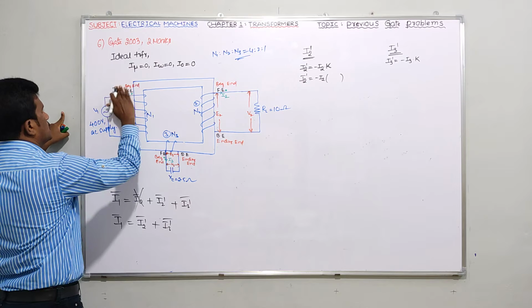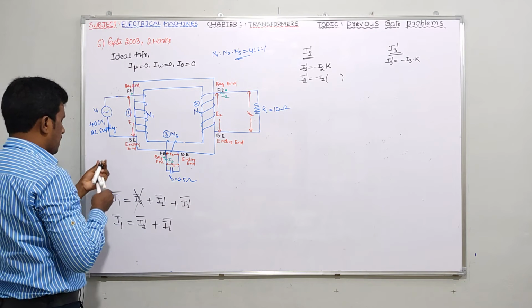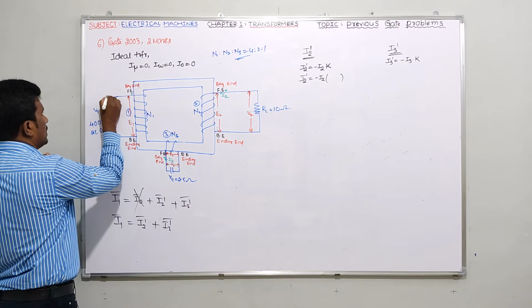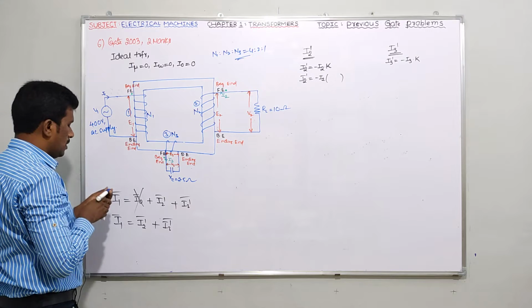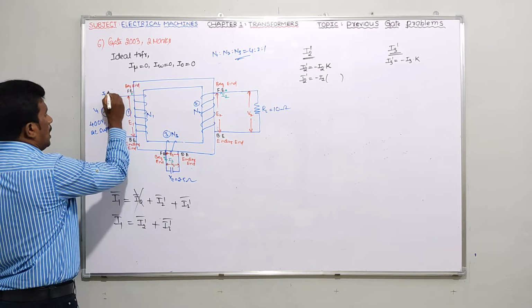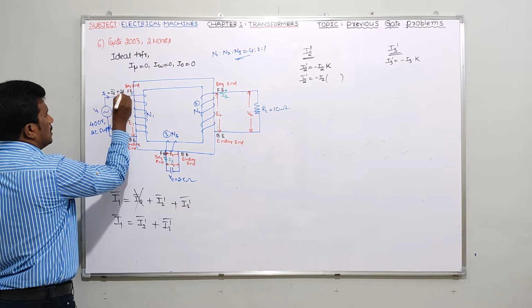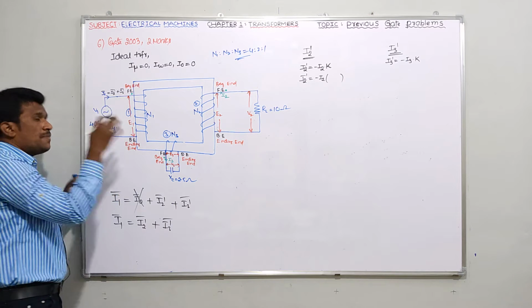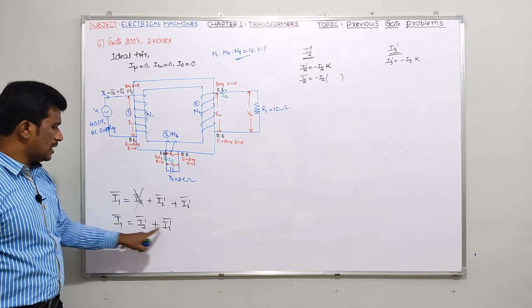I1 bar equals, he has given an arrow mark like this. So I1 bar equals I2 dash plus I3 dash. In fact, it is actually I0 plus I2 dash plus I3 dash, but since it's an ideal transformer, just neglecting the I0 value, it's only I2 dash and I3 dash.